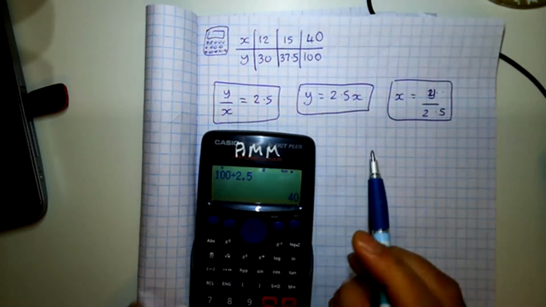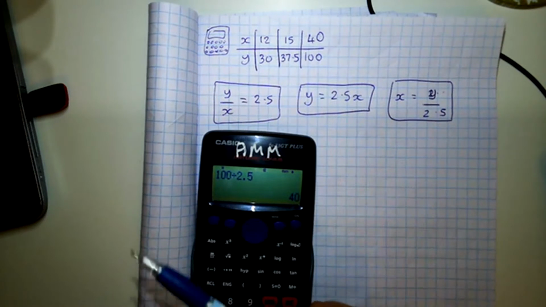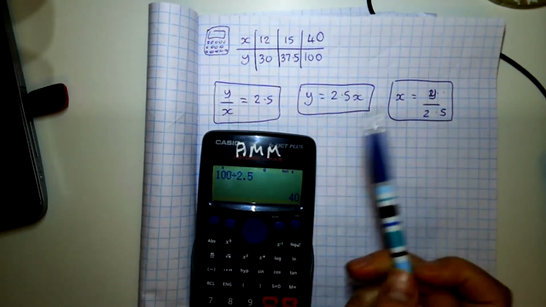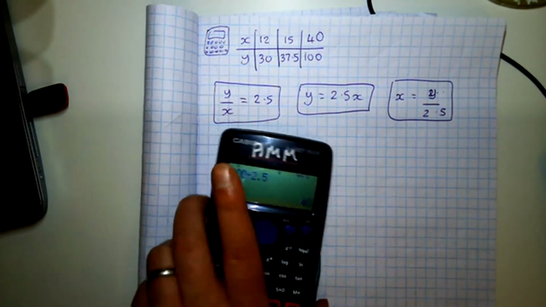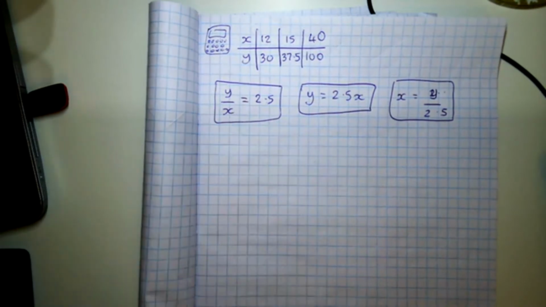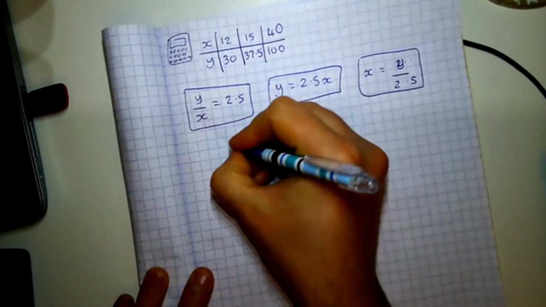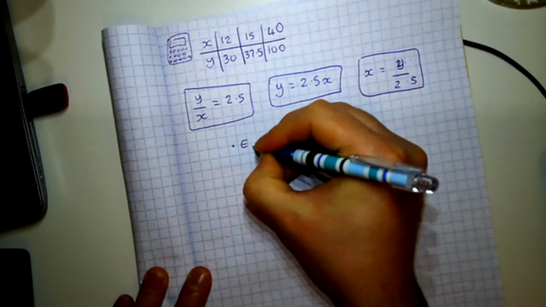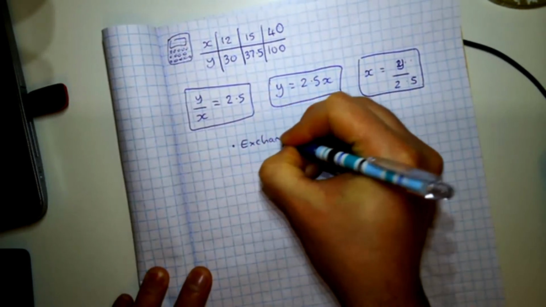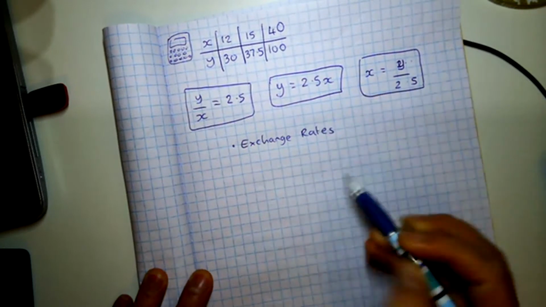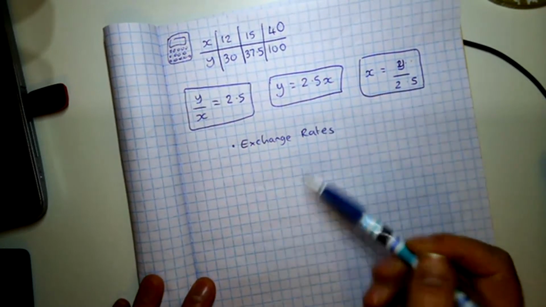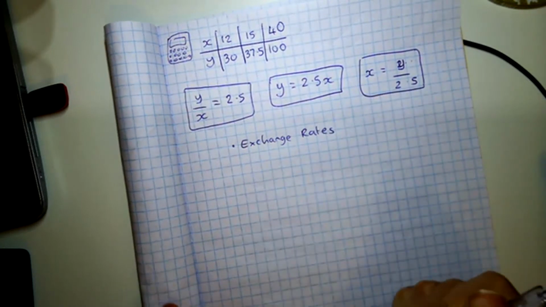So you can get easy ones using a bit of common sense, but when they get difficult, there's no reason why the same processes won't work. And things which direct proportion can be used for are exchange rates. If you've got double the amount of pounds, you can get double the amount of euros or dollars.